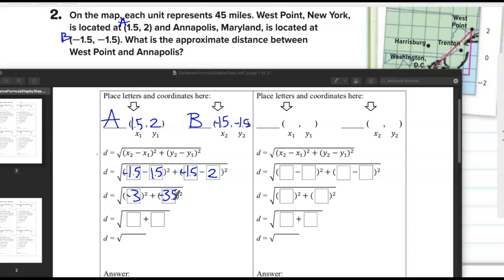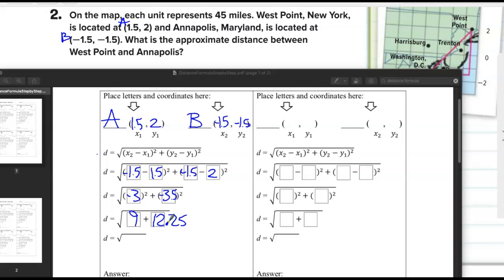So what would we do next? Do the exponent thing. Exponents or squares, yes. Okay, so -3 times -3 is 9. Good. And then -3 5/10 times -3 5/10 is 12.25. We're just going to leave it as 12.25. Don't round until the very end.